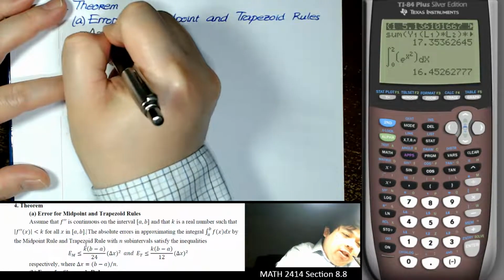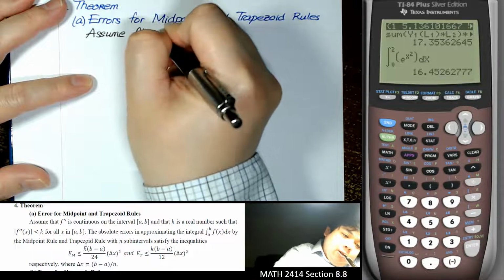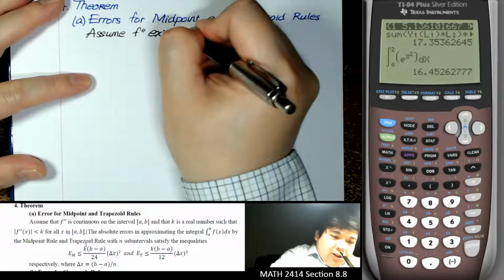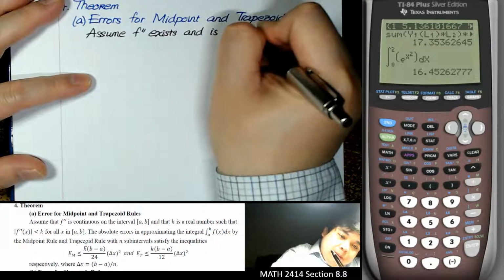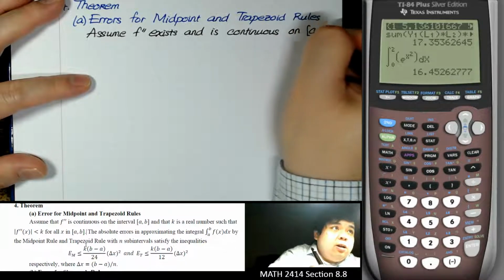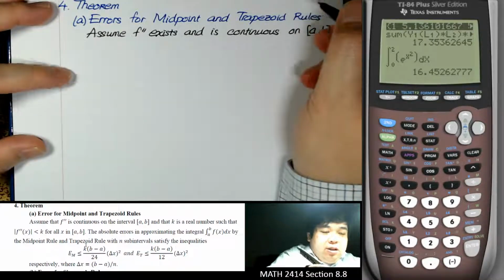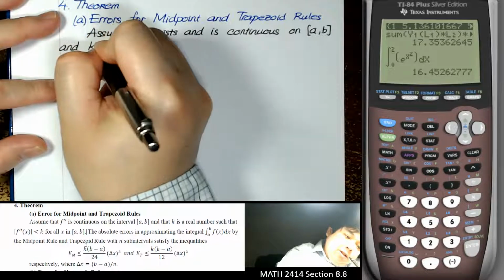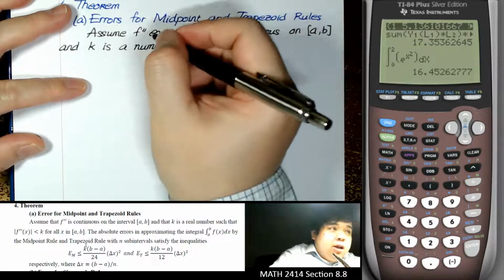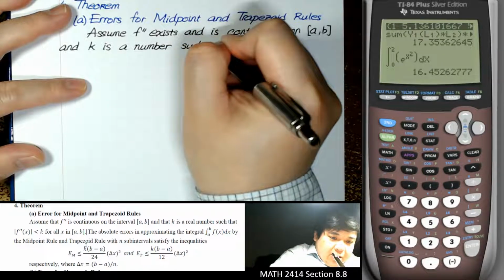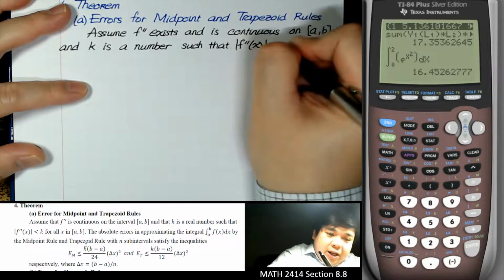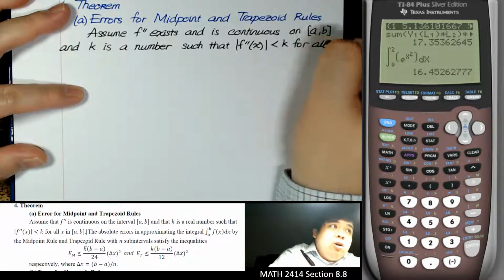So assume the second derivative exists. Not only exists, it has to be continuous on the interval AB, and K is just a real number, a number such that the second derivative is less than K for all x in AB.